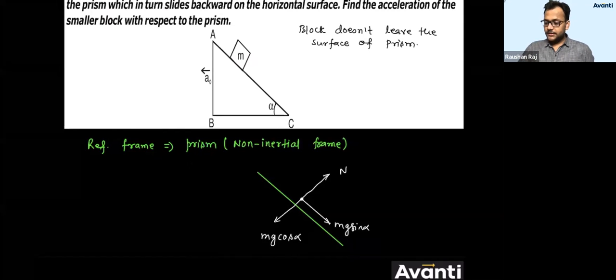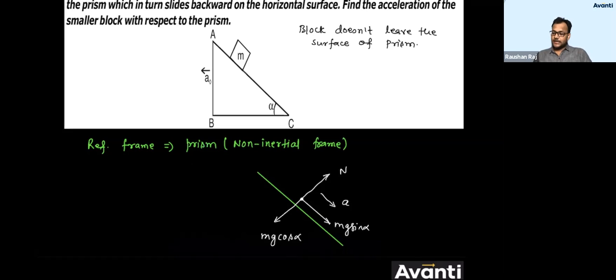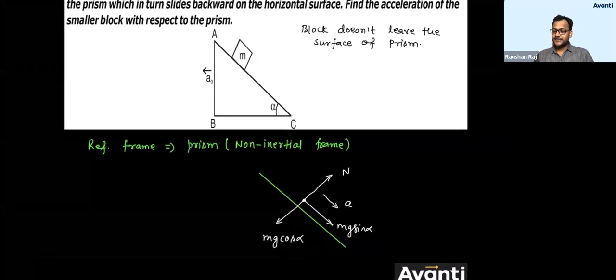Now, this block is accelerating down the plane with, let's say, acceleration a, and the frame on which it is accelerating is itself accelerating with a naught towards the left. So there will be a pseudo force acting on this block towards the right. Let me draw a horizontal here.